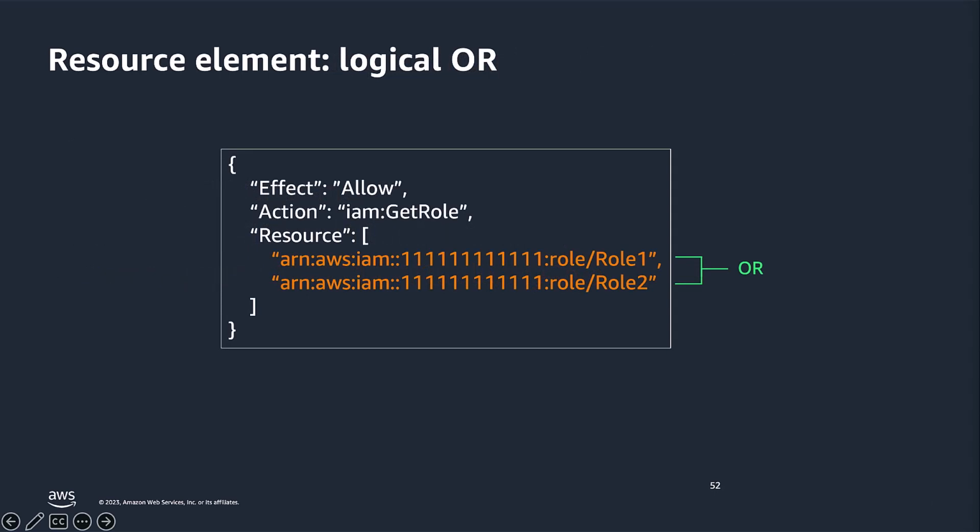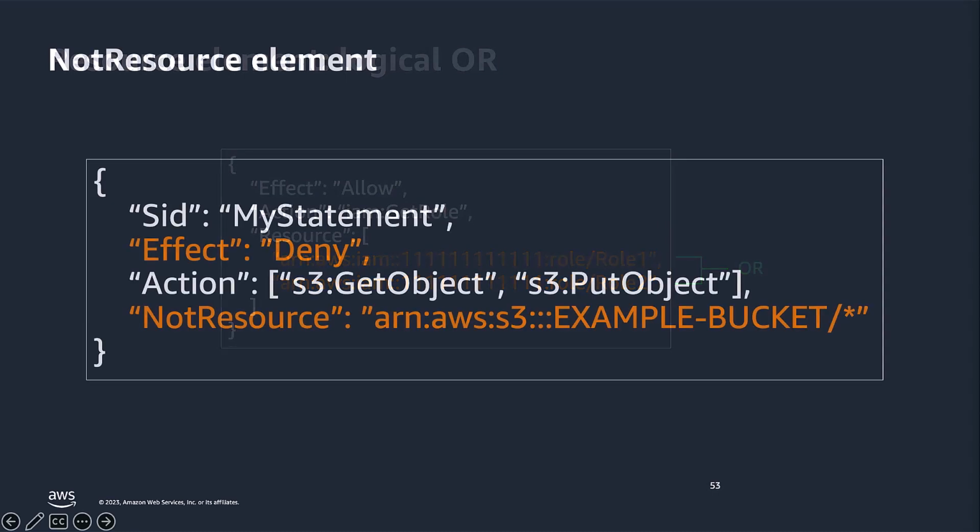As we saw with the action element, if a statement has multiple resources, they are evaluated as a logical OR. This statement allows the IAM get role action on role 1 or role 2. Also, like we saw with the action element, the resource element has an inverse element that can be used in its place. You can also think of the not resource element as an exception list again.